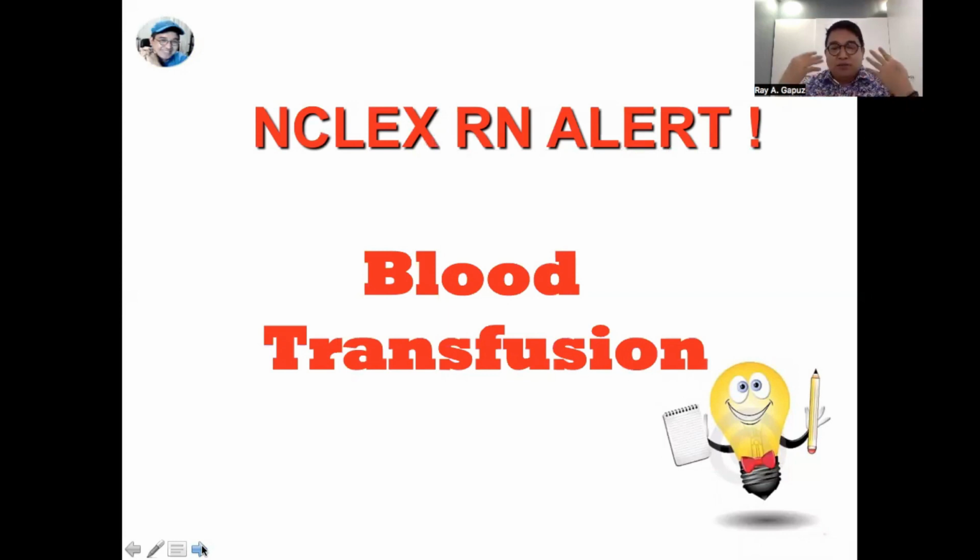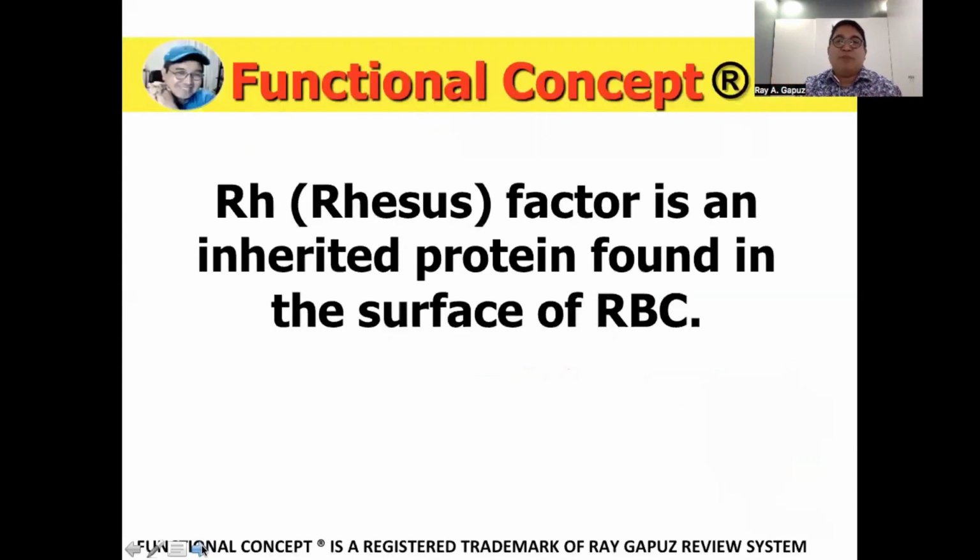Take note that for a patient to undergo blood transfusion, they will first have to have their compatibility testing, which means there should be identification of the blood type of the patient, and secondly, there should be identification of the RH status of the patient.